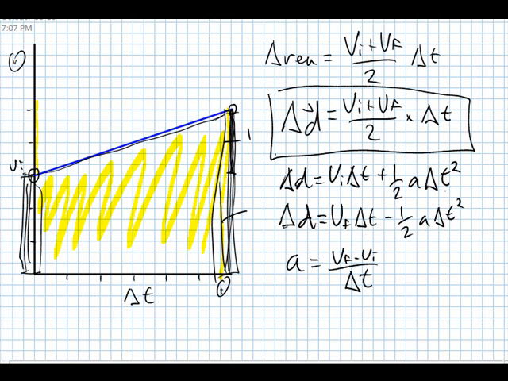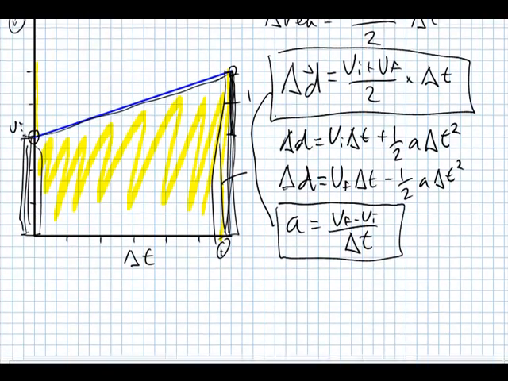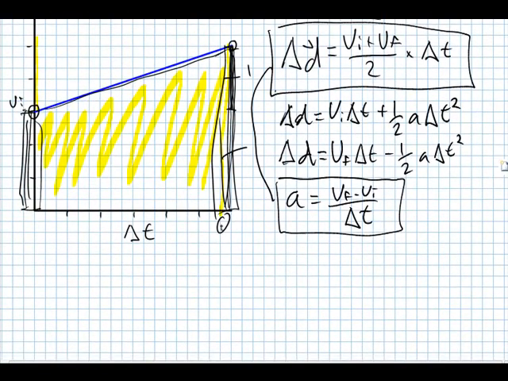So we want to have one more equation where we get rid of time. When we want to get rid of a variable, one of the best ways to do that is to merge two equations and use substitution. So what we're going to do is merge these two equations. I'm going to rewrite this equation in terms of time.